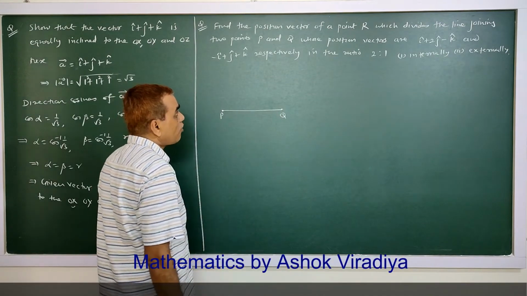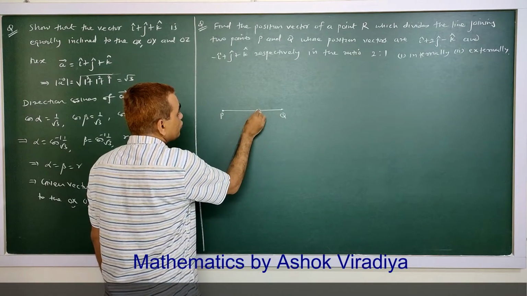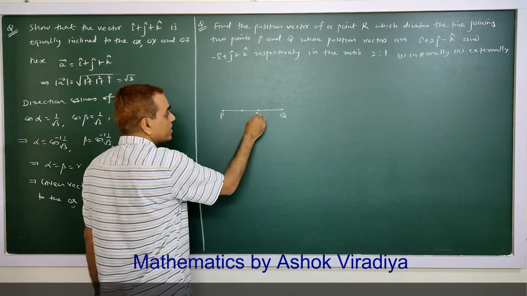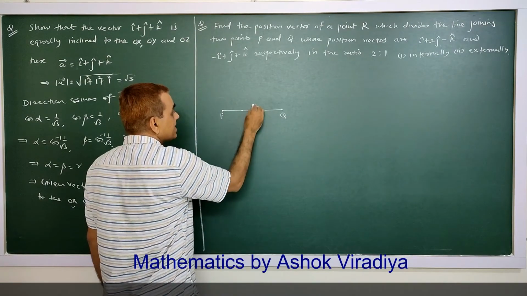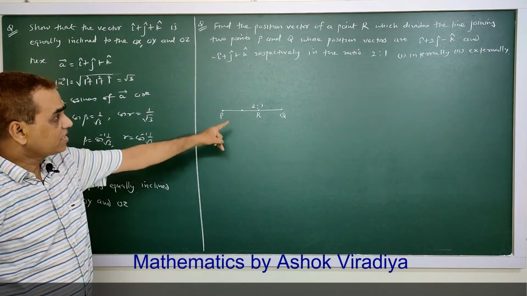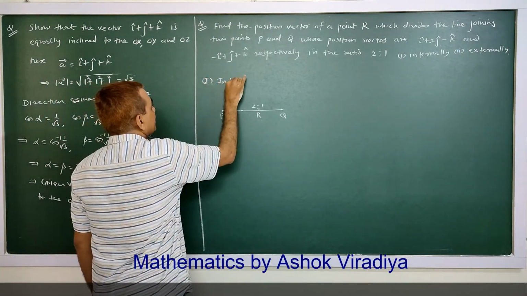And we want a point R dividing this PQ in ratio 2:1. Suppose if I put here point R, then R divides internally in 2:1. This is for internal division, first case.